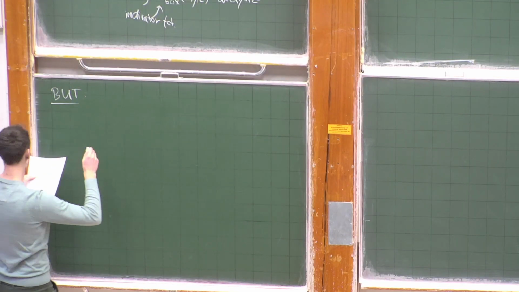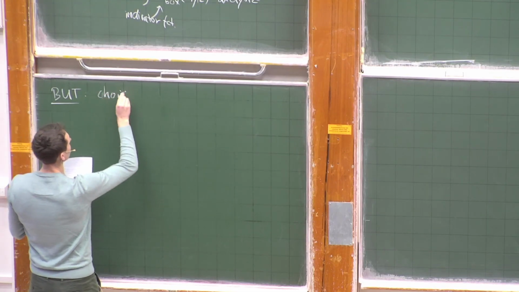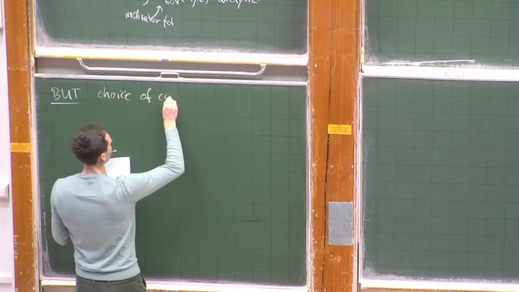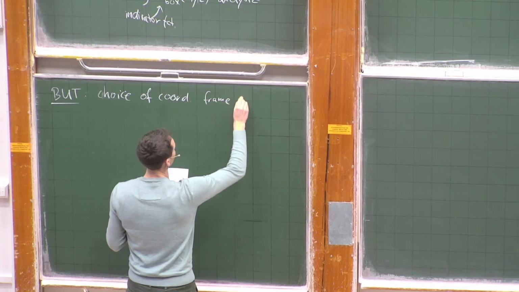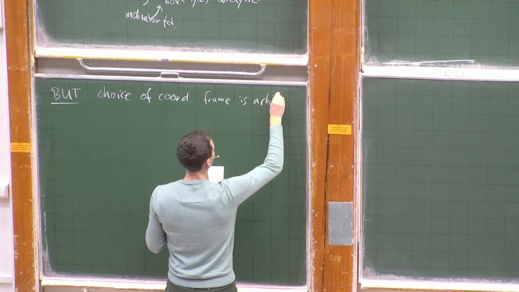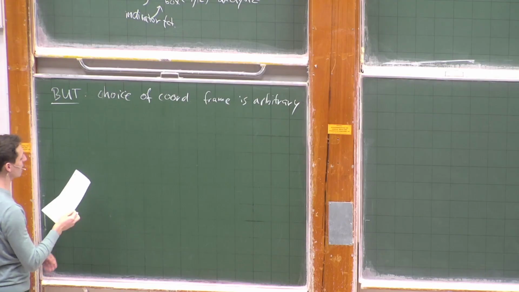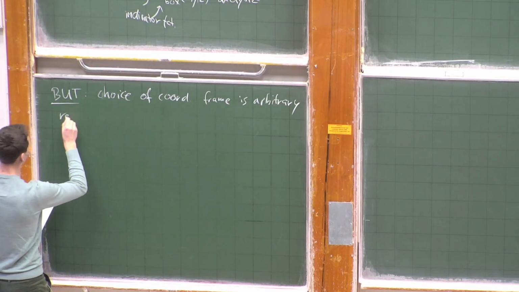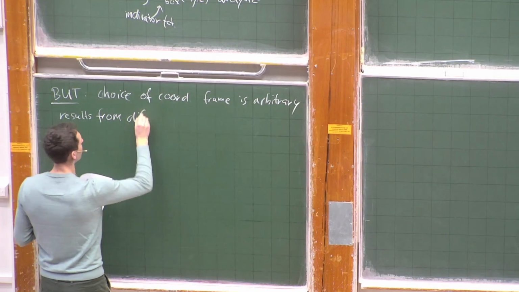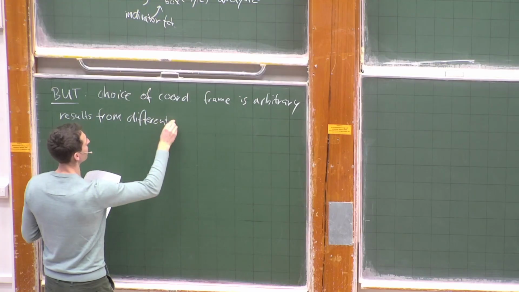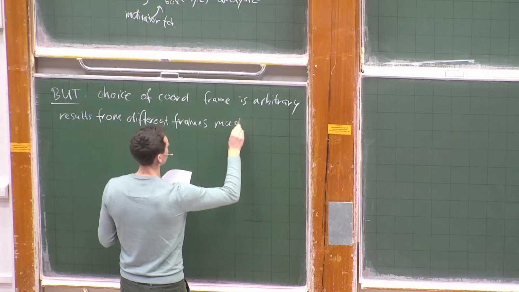But choice of coordinate frame is arbitrary. And this means that results from different coordinate frames must be consistent.